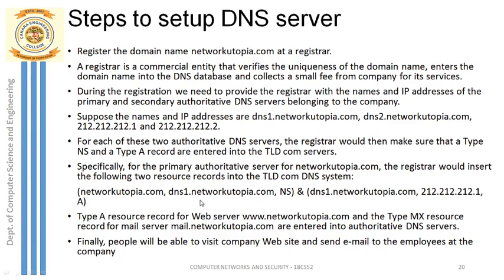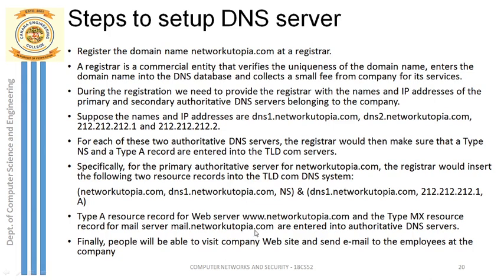One contains the DNS server name for networkutopia.com, that is the primary DNS server name, and one more is for that primary DNS server, the IP address. This IP address also will be stored in the TLD .com server. So remember, this is the information only about the primary authoritative DNS server, not the secondary authoritative DNS server.